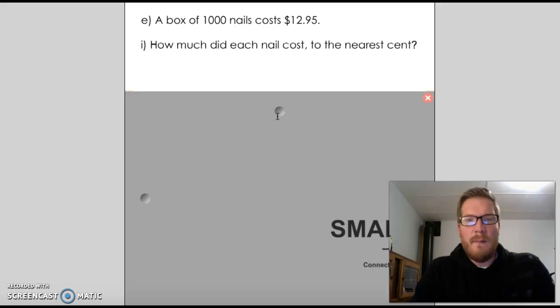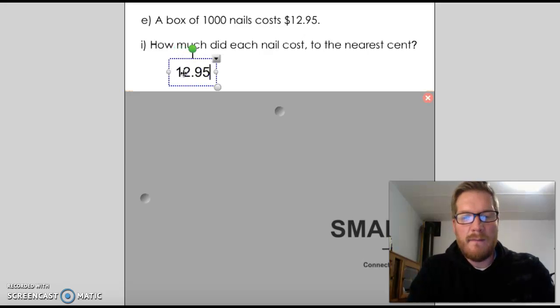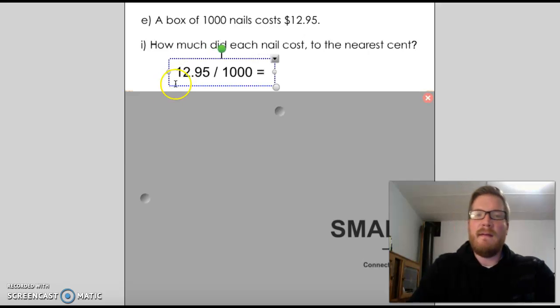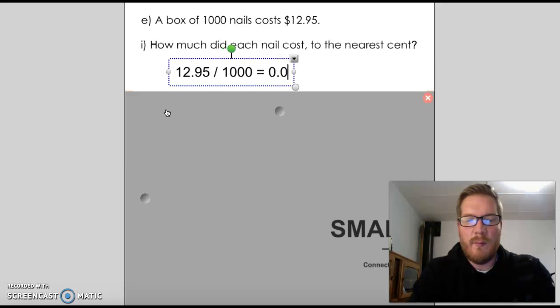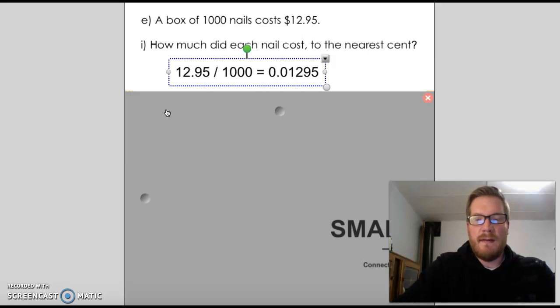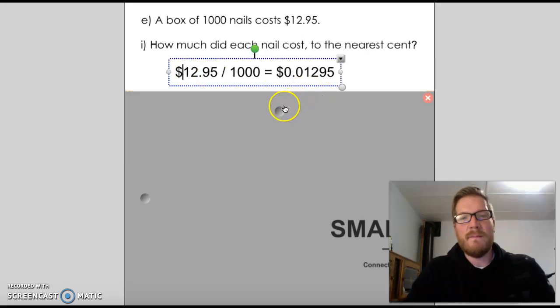A box of 1,000 nails costs $12.95. How much did each nail cost to the nearest cent? And so what we're doing is $12.95, and we're dividing it by 1,000, which means that the decimal place is going to go three places to the left, so that would be 0.01295, and that of course gets answered in dollars.